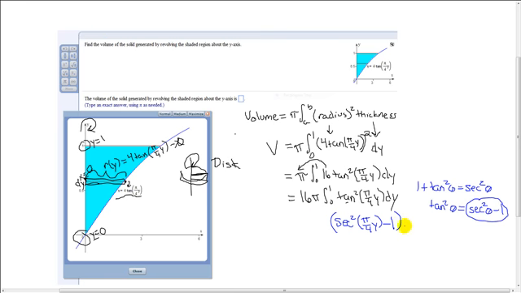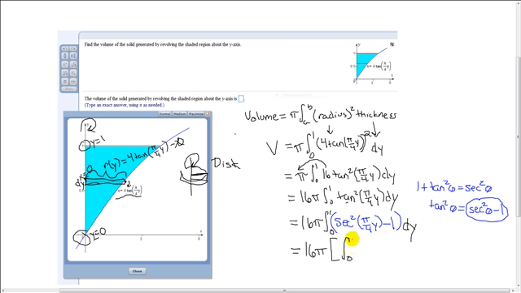Argument is just the word for what's inside of your trig function, minus 1. Okay, let me switch back to black. Okay, so I'm just jotting down the rest of the integral here. And again, I hope you can read my handwriting.